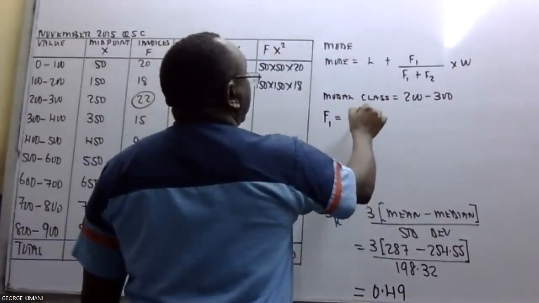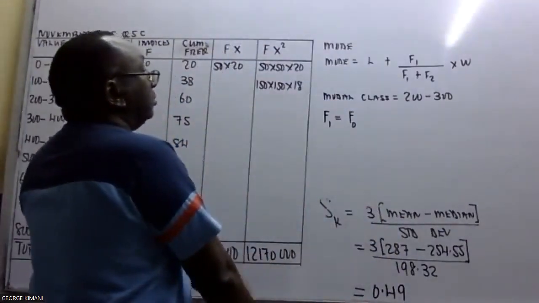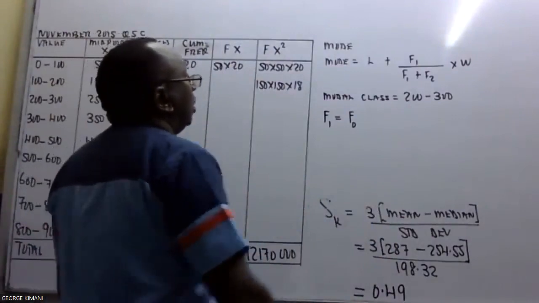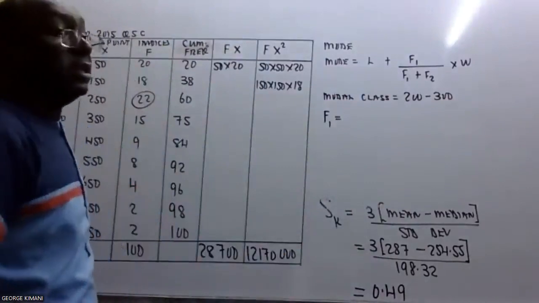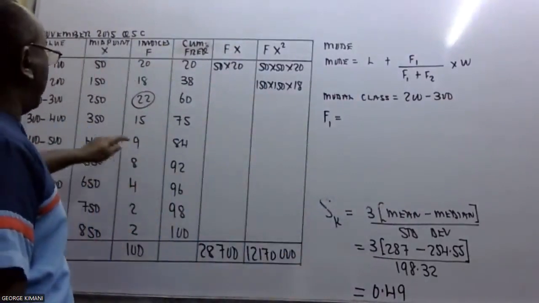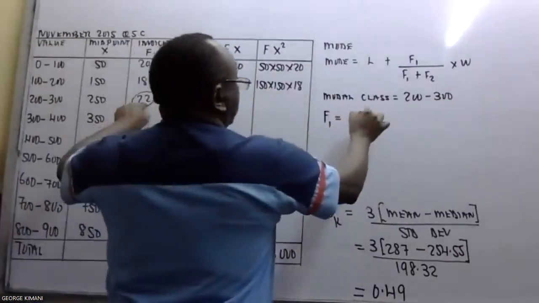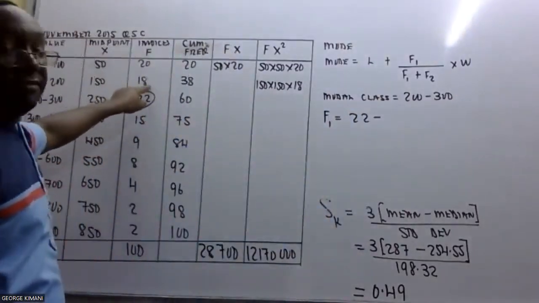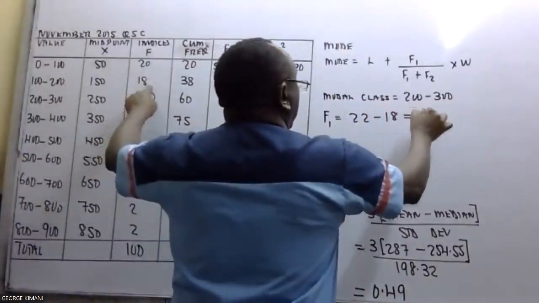I should have used B1 and B2, but now that I've used F1, let's go straight instead of changing the initials. The F1, you get the modal frequency, that is 22. You minus the frequency of the class above, 18. So that gives us 4.